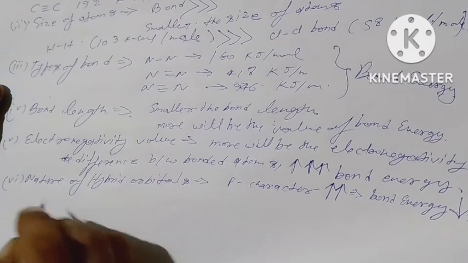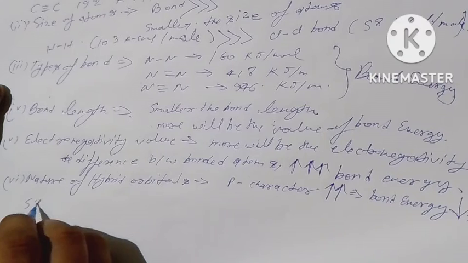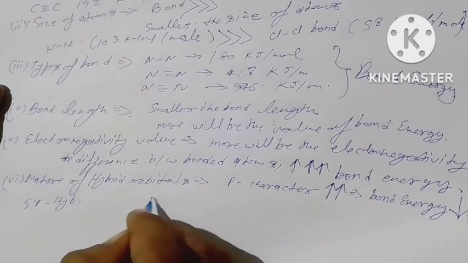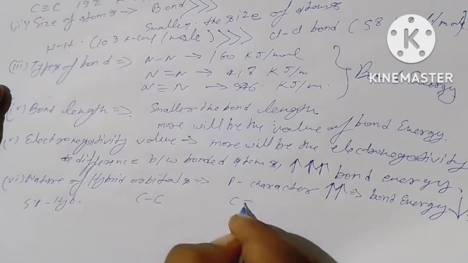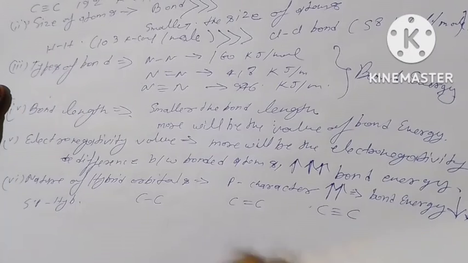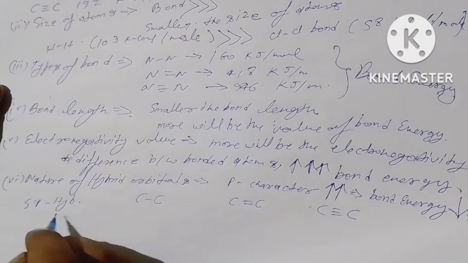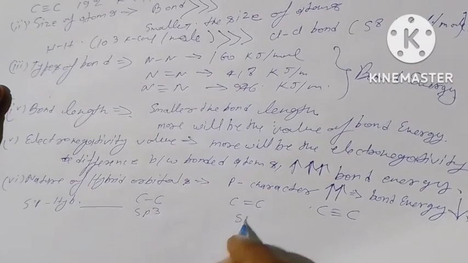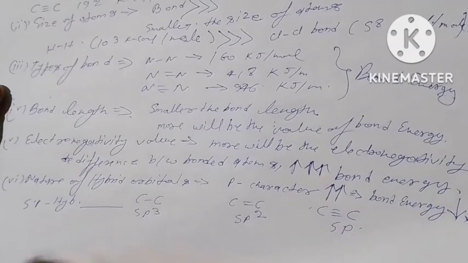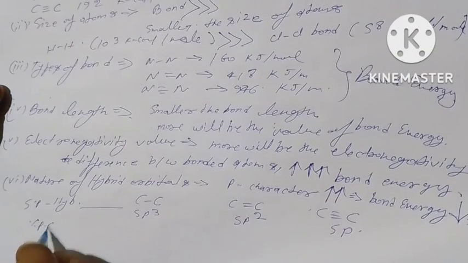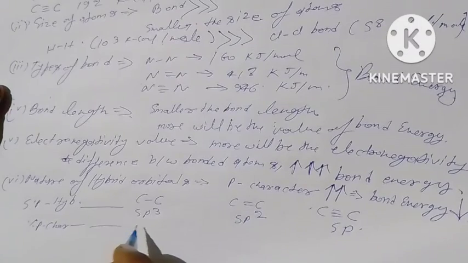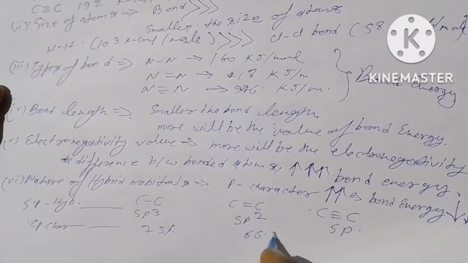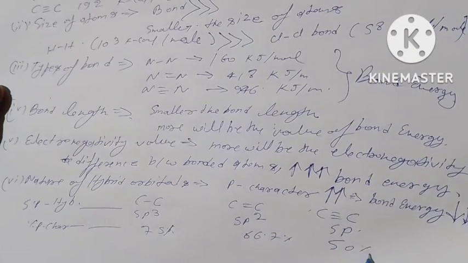Take sp3, sp2 and sp hybridization: carbon-carbon, carbon double bond carbon, and carbon triple bond carbon. Hybridization is sp3, sp2 and sp, and the percentage of p character is 75%, 66.7% and 50%.